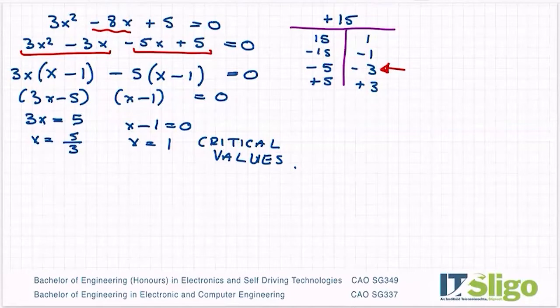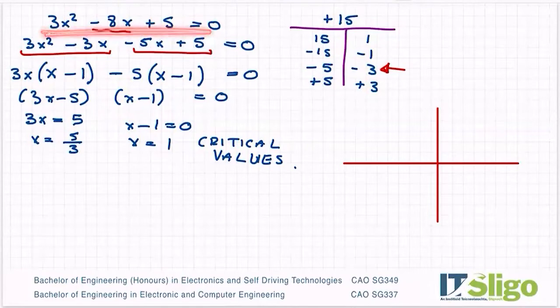So the last piece of this is to draw a rough sketch of the coordinate plane and mark in your critical values. Okay, so it's a smiley face because it's a positive x squared. Okay, so let's say between 1 and 5 over 3.